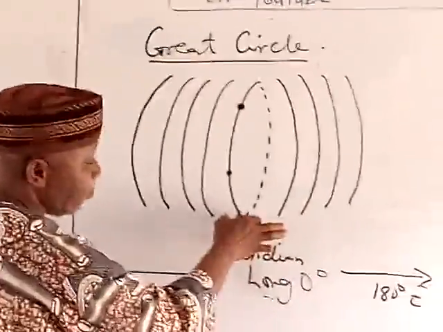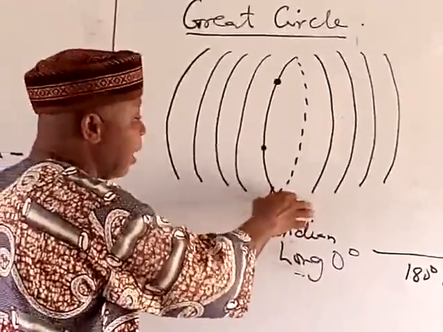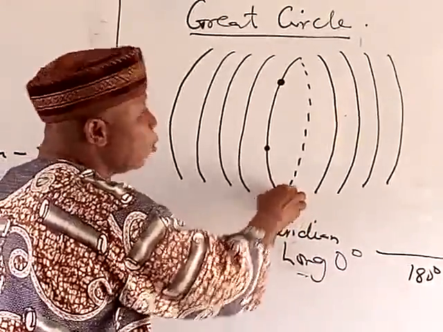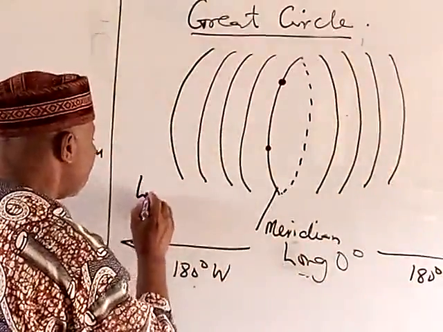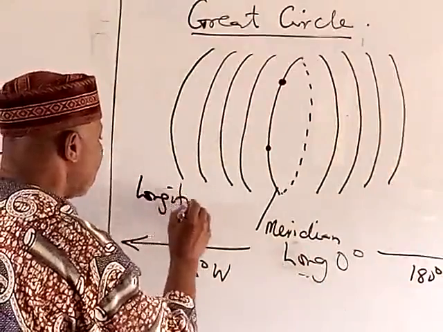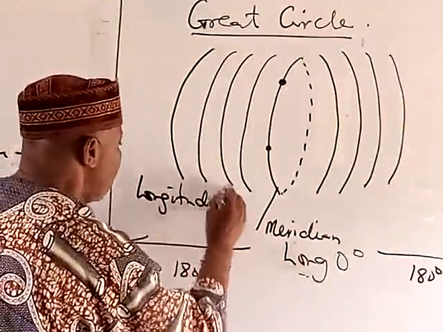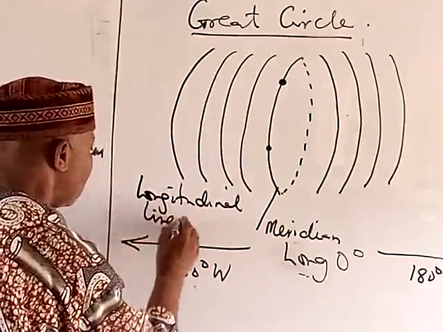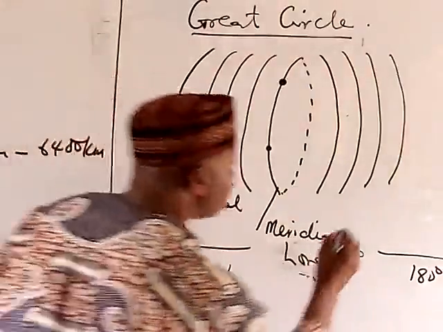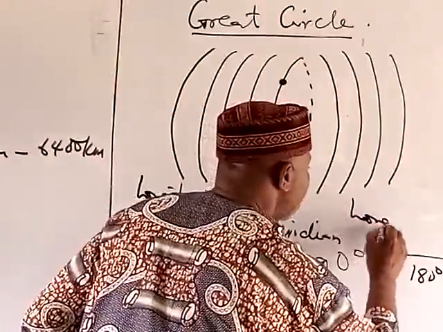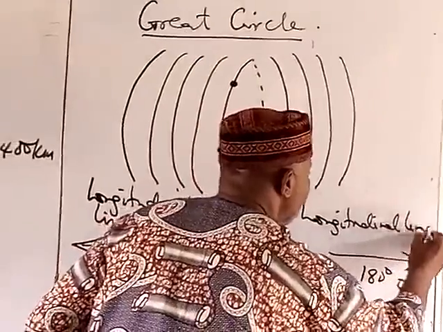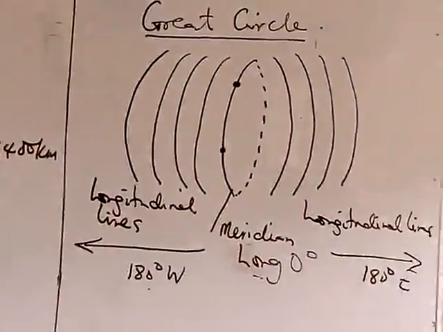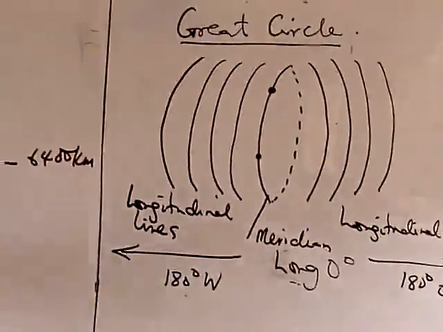I said the meridian is a reference line to the other longitudinal lines. Longitudinal line, longitudinal line, towards the western part, longitudinal line, longitudinal line, towards the eastern part. That's a great circle.